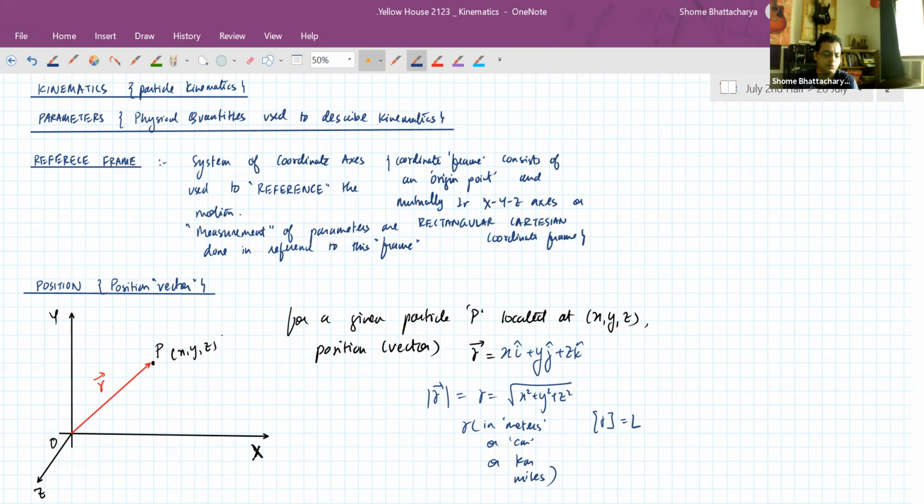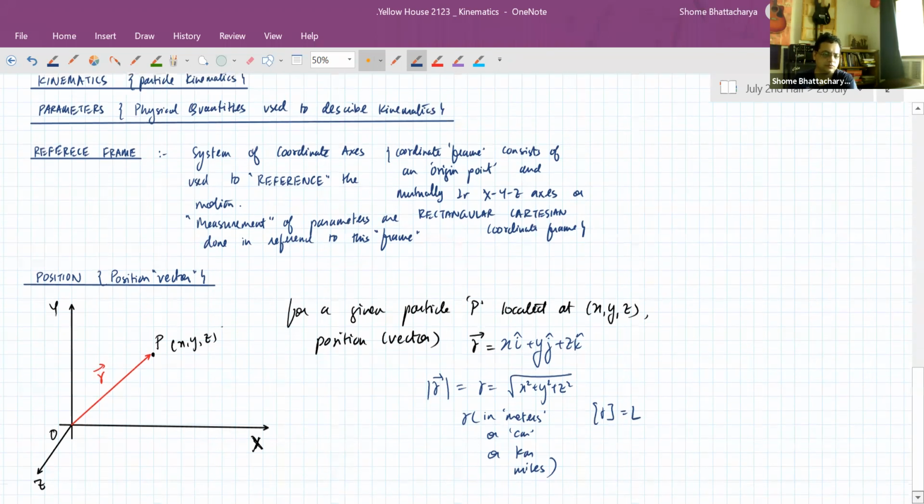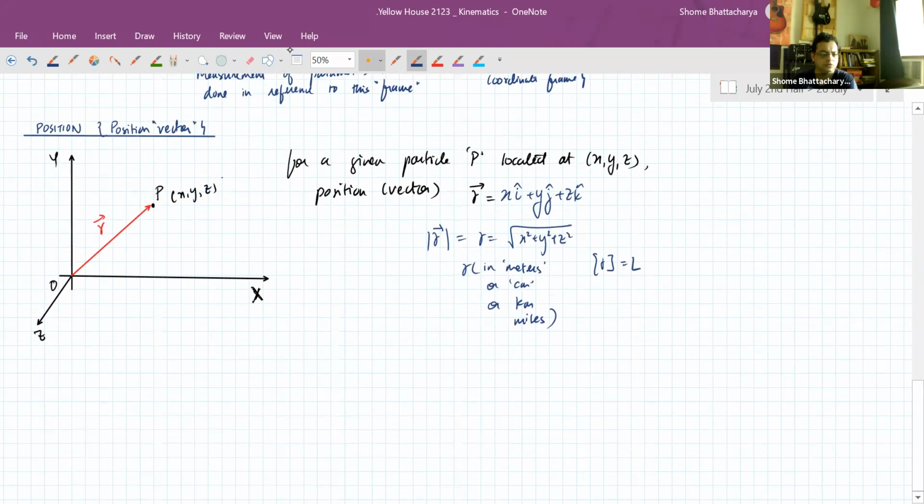Whereas if that position vector is changing with time, it's variable with respect to time, then we will say that the body is in motion. So that is how we define the two terms rest and motion. That's an automatic definition that we now understand for the two terms rest and motion.